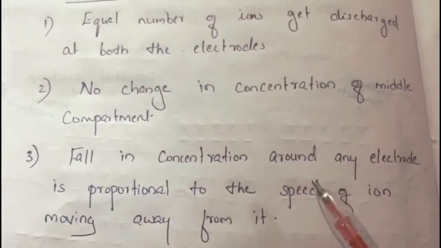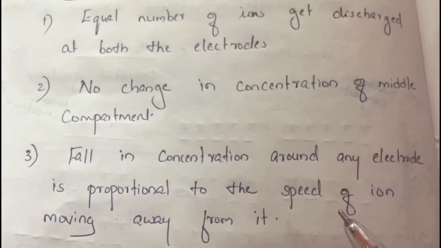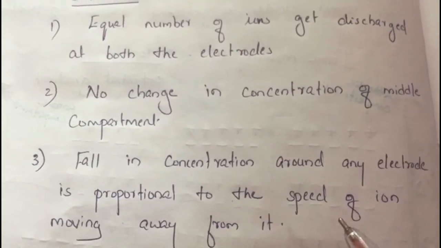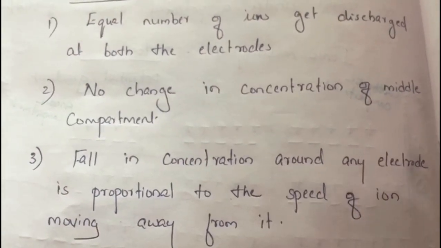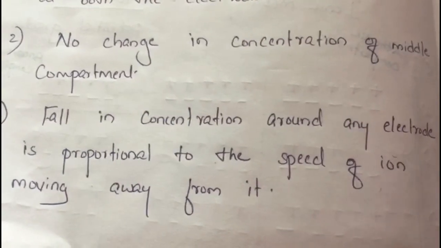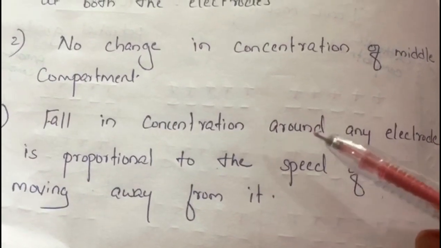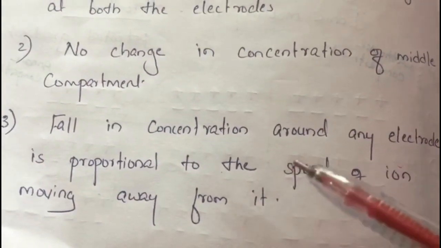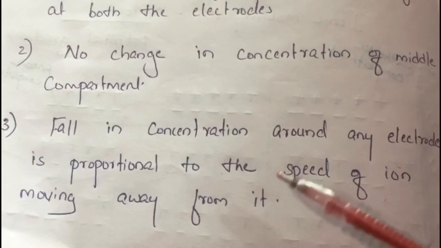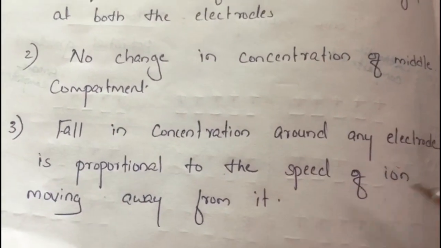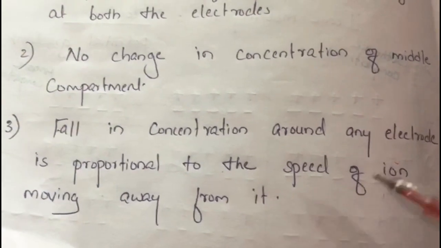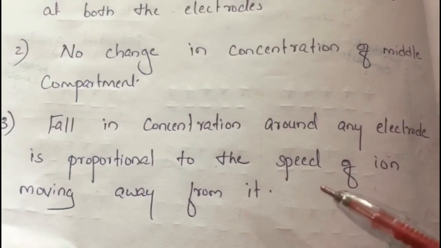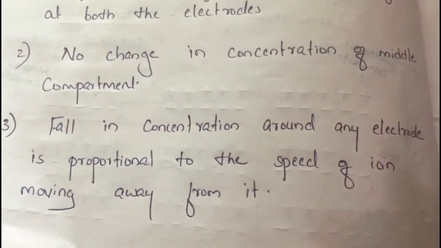So the fall in concentration around the anode is proportional to the speed of the cation moving away from it. Similarly, the fall in concentration around the cathode will depend upon the speed or mobility of anions, because from the cathode anions are moving towards the anode. So the fall in concentration around an electrode depends upon the speed of ions moving away from it.